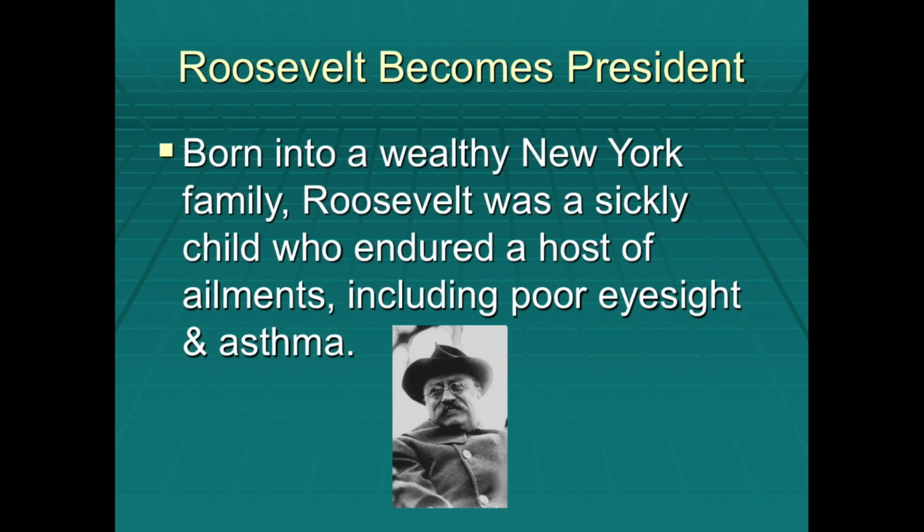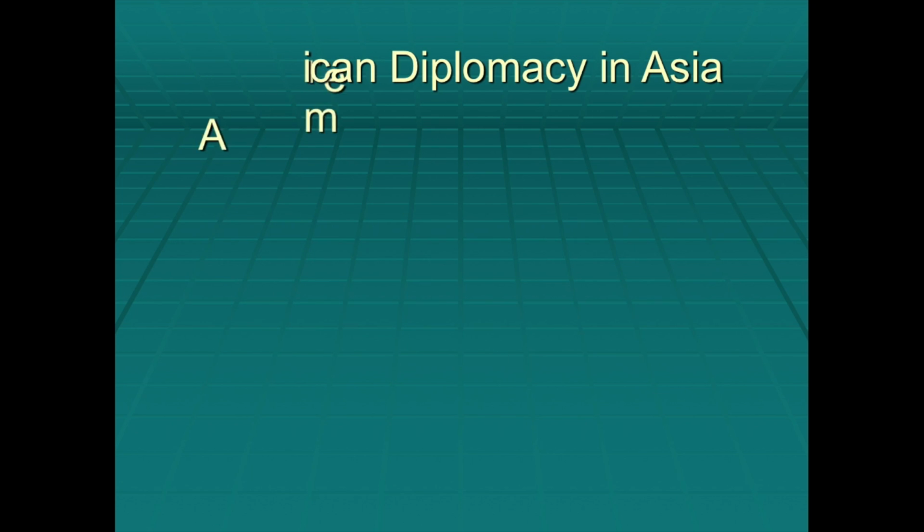Born into a wealthy New York family, Roosevelt was a sickly child who endured a host of ailments, including poor eyesight and asthma. So you could say, as a child, he was a wimpy kid. And notice the complete change around in his persona as an adult.